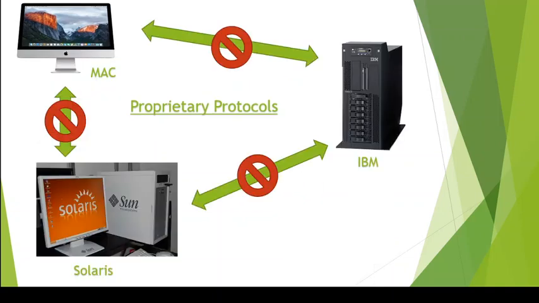So moving forward, if Mac wants to communicate with Solaris systems, or Solaris wants to communicate with IBM systems, or IBM to Mac, they cannot use their proprietary protocols to make communication possible with different vendors. Why? Because proprietary protocols are meant for those machines only. They have no knowledge about how IBM works, unless and until Mac is creating IBM machines also. But that was a different scenario.